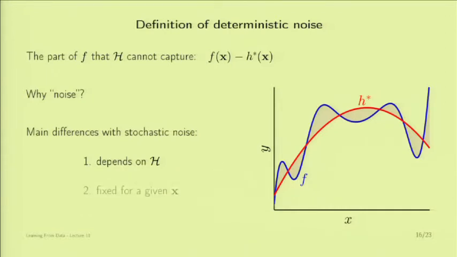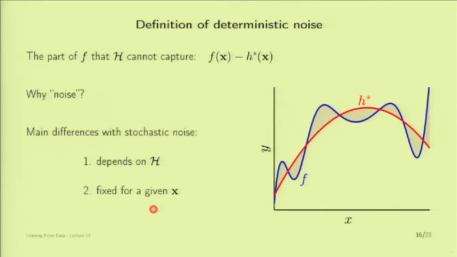The other thing is that if I give you a particular point x, deterministic noise is a fixed amount, which is the difference between the value of the target at that point and the best hypothesis approximation you have, okay? If I give you stochastic noise, then you are generating this at random. And if I give you two instances of the same x, the noise will change from one occurrence to another, whereas here it's the same. Nonetheless, they behave exactly the same for machine learning because invariably we have a given data set.